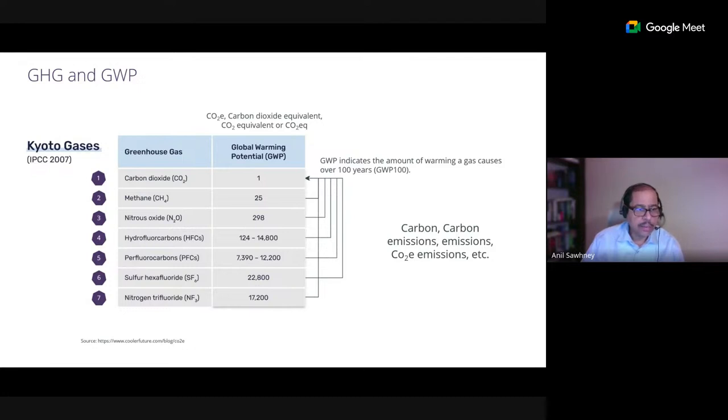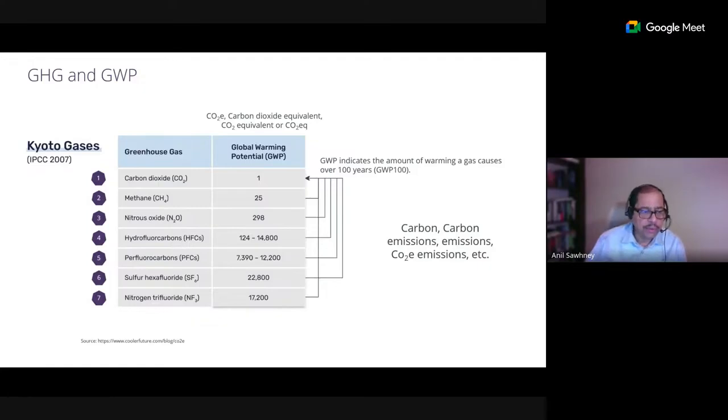The main gas, which is carbon dioxide, has a value of 1 GWP. So it has 1 kilogram carbon dioxide equivalent. Methane gas, on the other hand, has 25 GWP. Nitrous oxide is 298, and hydrofluorocarbons, HFCs, PFCs, SF6 and NF3, these are the fluorocarbons, they have these values. So basically, if you release nitrous oxide, it's going to be equivalent to 298 carbon dioxide equivalent.